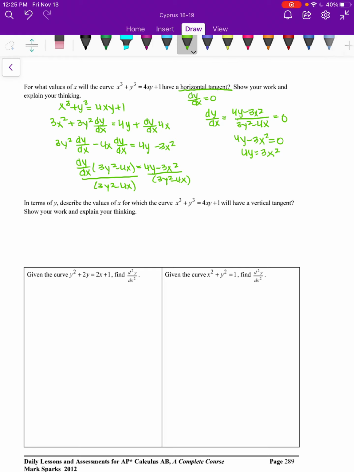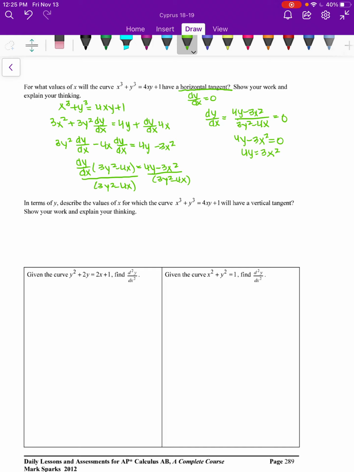And actually, instead of getting x by itself, I'm going to stop here because we know what y is. Okay, we can solve for y. Hang on, sorry guys, I'm trying to follow my work from before.